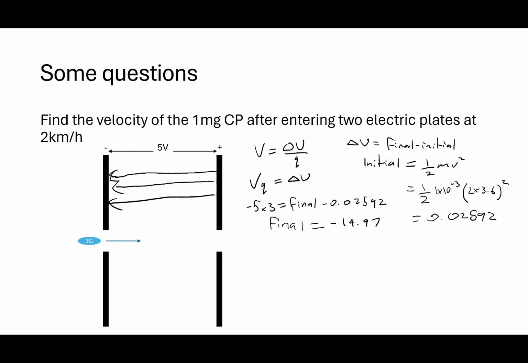So the particle actually doesn't make it past the second electric plate. But if it were to, consider the electric plates' signs were swapped.